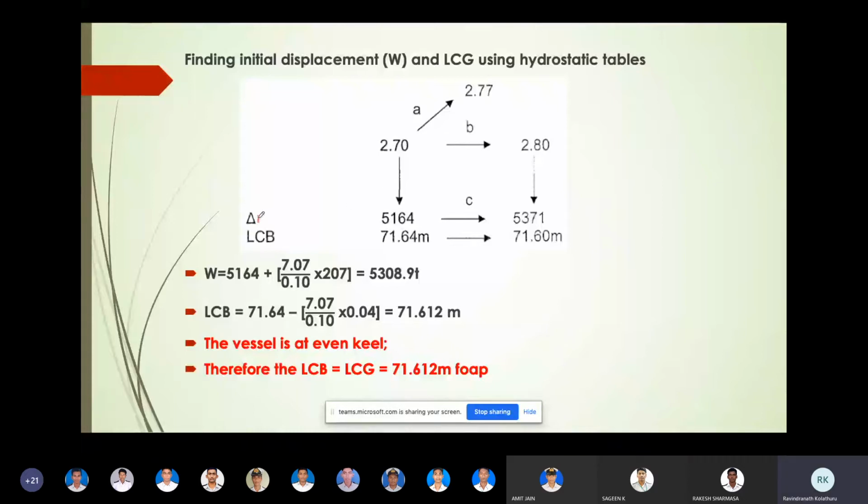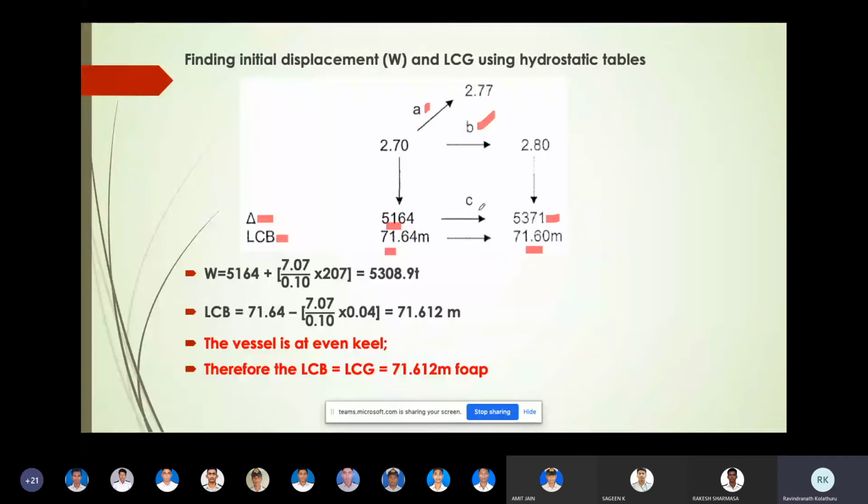You need to find out displacement and you need to find out LCB also. So you see, instead of writing two sketches, in one sketch itself you can do this, because A and B is going to remain the same value. Only C value changes. So for displacement, for 2.7 it is 5164 and 2.80 is 5371. LCB again, you can note down like this.